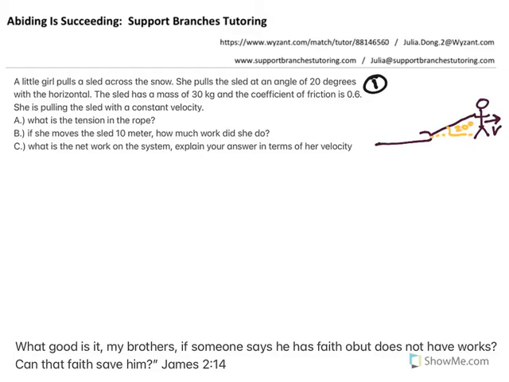It also tells us the mass of the sled: the mass equals 30 kilograms. And it gives us the coefficient of friction, mu, which is 0.6. And that's all. It doesn't tell us anything else.